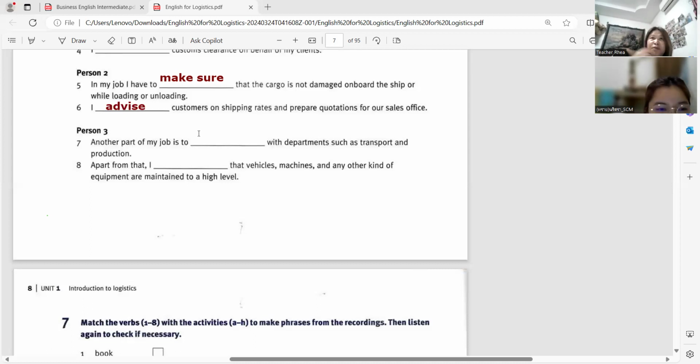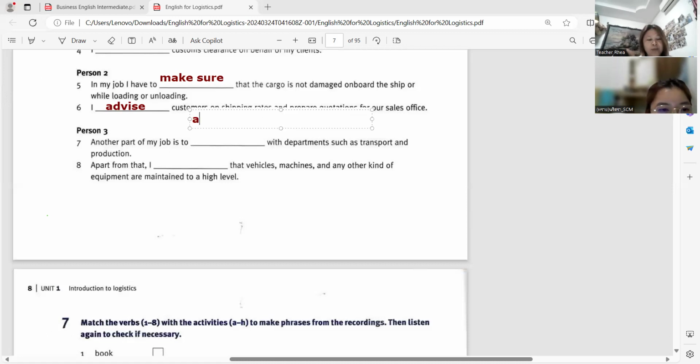So you don't do the finances, right? Other people do that. He said, I advise customers on shipping rates and prepare quotations for our sales office. It's not your responsibility to advise.